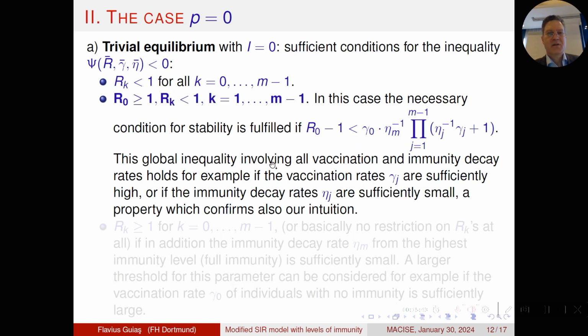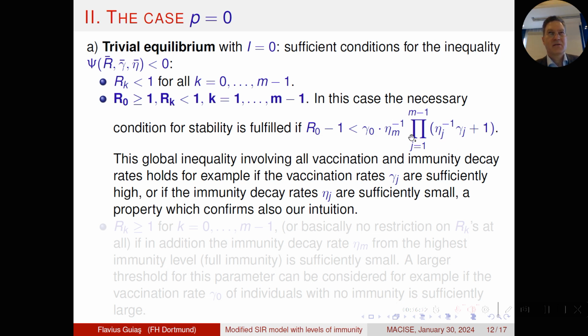What does this mean? This is a global inequality which involves all vaccination and immunity decay rates. And what we want to have is, of course, the left-hand side larger than 0 because it's R0 minus 1. So the right-hand side should be big enough, yes? Either the vaccination rates gamma 0, gamma j, this is increasing in these variables, should be large enough, or otherwise immunity decay rates sufficiently small.